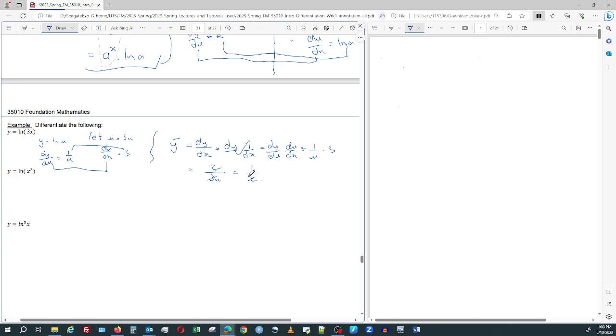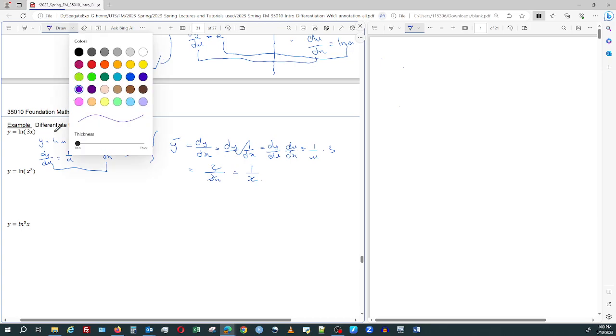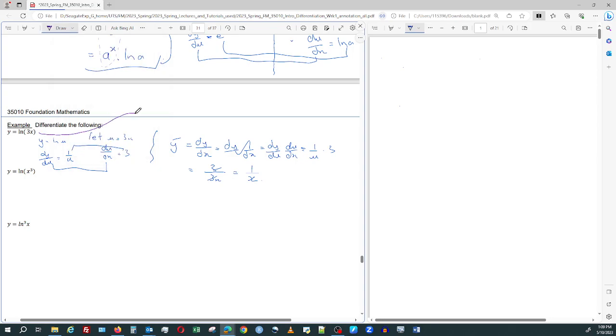Okay, sometimes you can have a go at doing a change to a log law version. In that case you would recognize that the ln of 3x is a product, and so that can become the ln of 3 plus the ln of x.